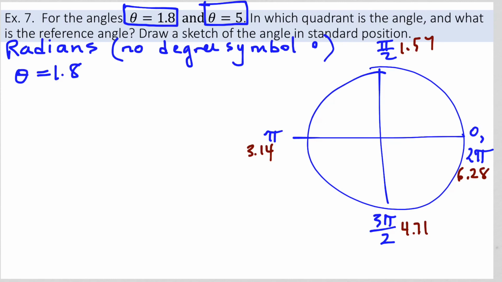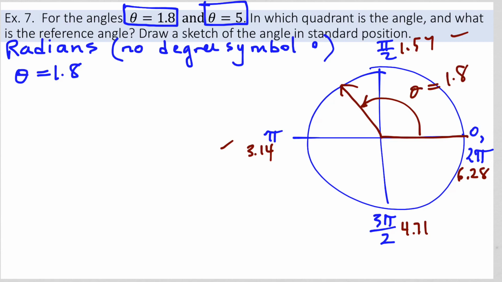So my first example, 1.8 radians, from the initial side in standard position, I'm going to go to 1.8. So that's going to be somewhere in the second quadrant between 1.57 and 3.14. So roughly speaking, somewhere like here would be theta is equal to 1.8 radians.